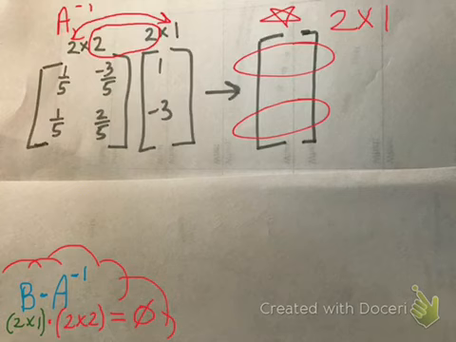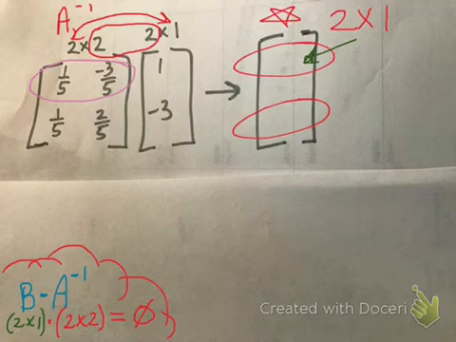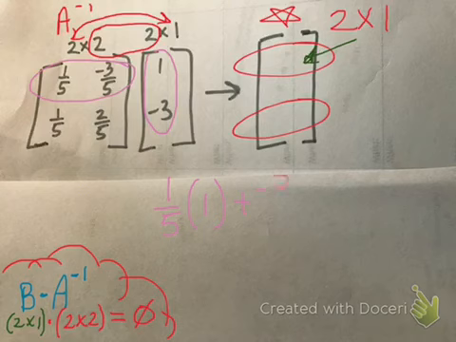Now here's the process on how to multiply. I want this one number here. This one number is the first row, first column. So I'm going to take the first row of the first matrix times the first column of the second matrix. So I'm going to do 1/5 times 1 plus -3/5 times -3.